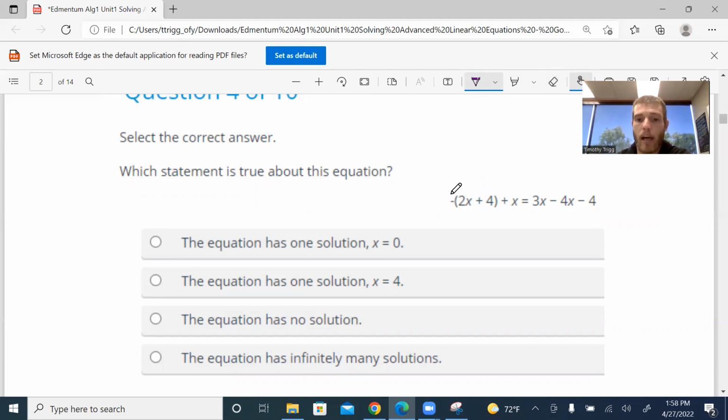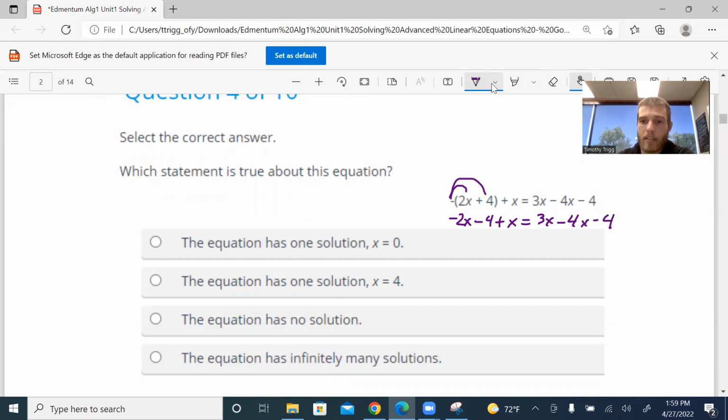So this negative applies to everything in the parentheses, so positives turn to negatives, negatives turn to positives. This is going to change to a negative 2x and then a minus 4. We still have a plus x here on this side. On the other side of the equation, we have 3x minus 4x minus 4.